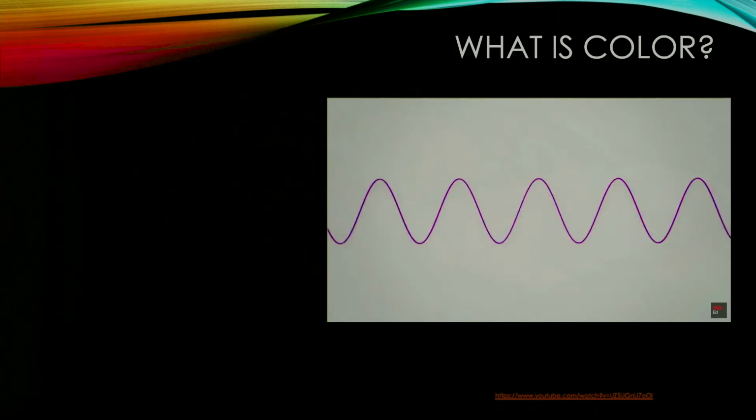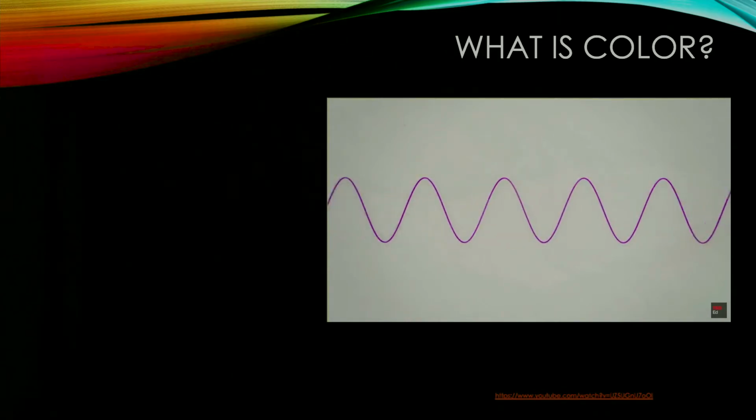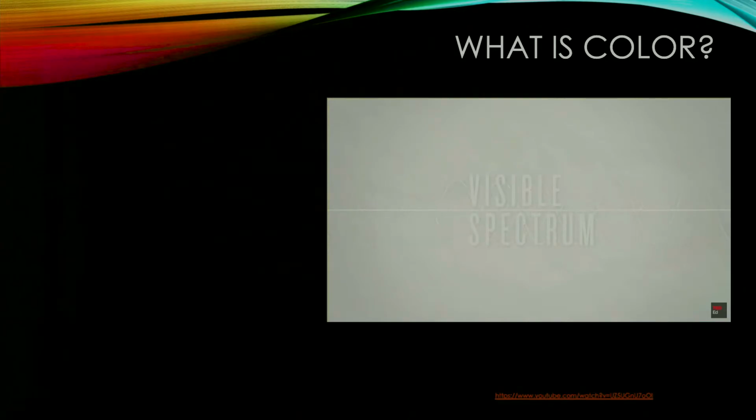But the frequency of the light we see is so high, it waves up and down over 400 million times a second, that we can't possibly see it as a wave. But we can tell, by looking at its color, what its frequency is. The lowest frequency light that we can see is red, and the highest frequency is purple. In between, all the other frequencies form a continuous band of color called the visible spectrum.